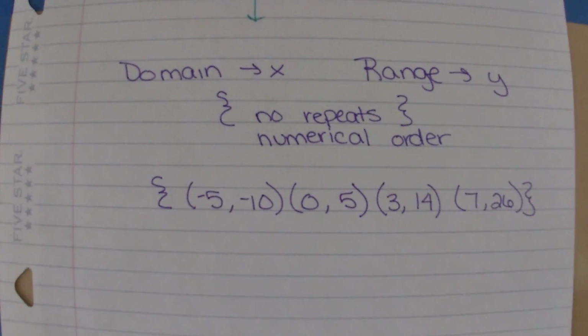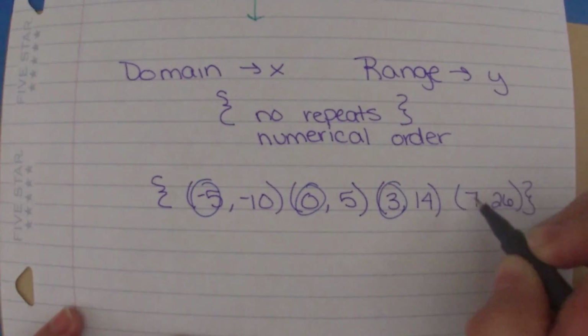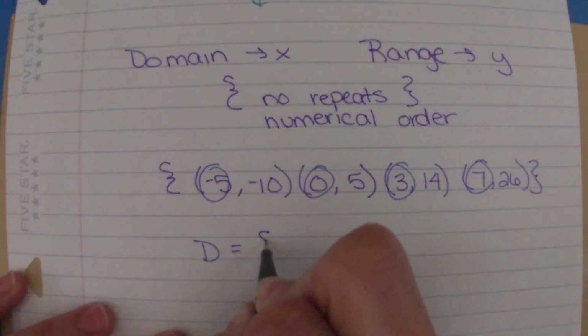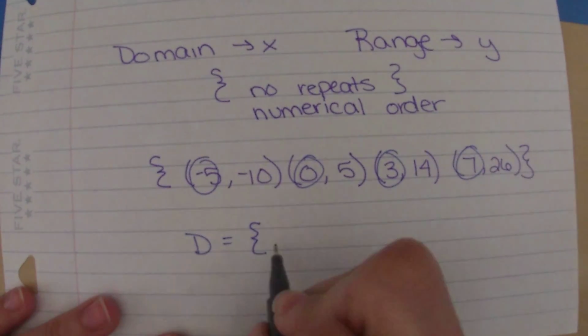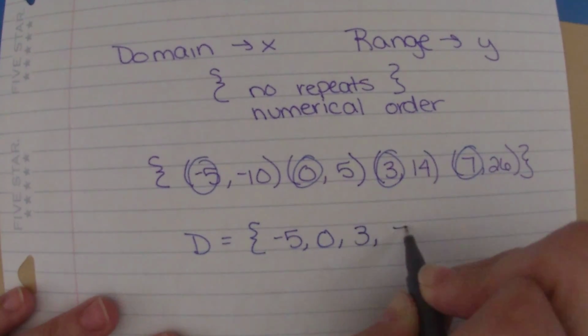There's some info that I know. If I want to list my domain, I'm going to list all of my x values. So x values are always the first number in an ordered pair. Okay, so my domain in the squiggles, in braces, is going to be -5, 0, 3, and 7.